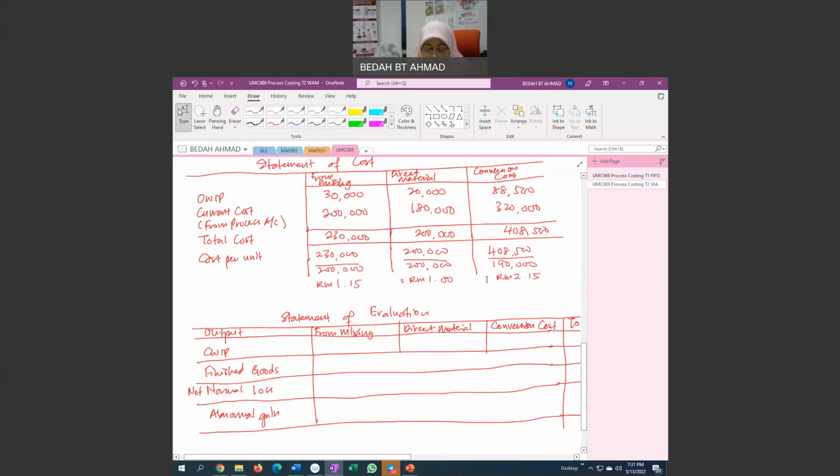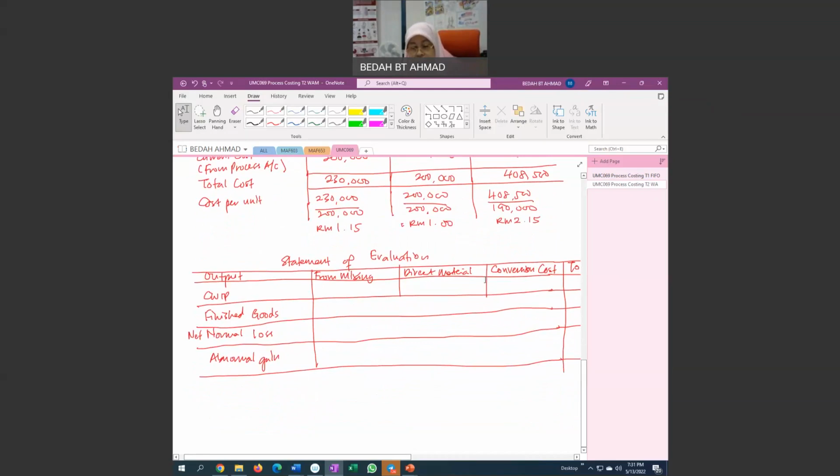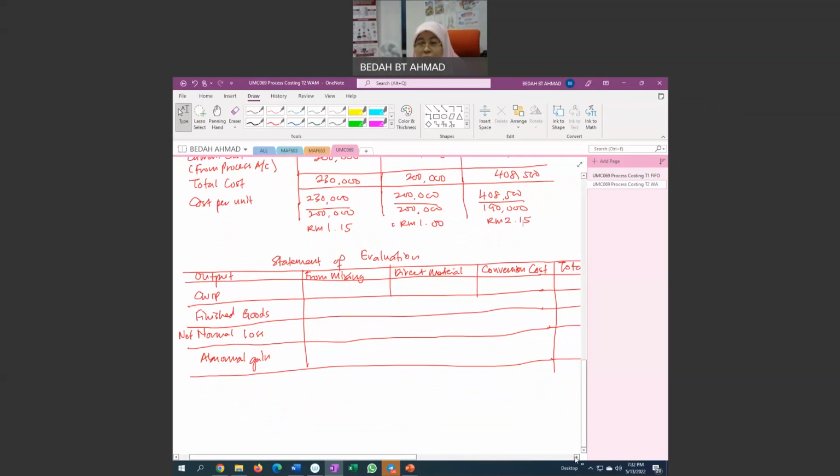Then we can put in the statement of equivalent units, where the value for the closing work in progress, you need to segregate or separate according to the process, according to the cost. From mixing, just now we have RM1.15, so multiply by the units.